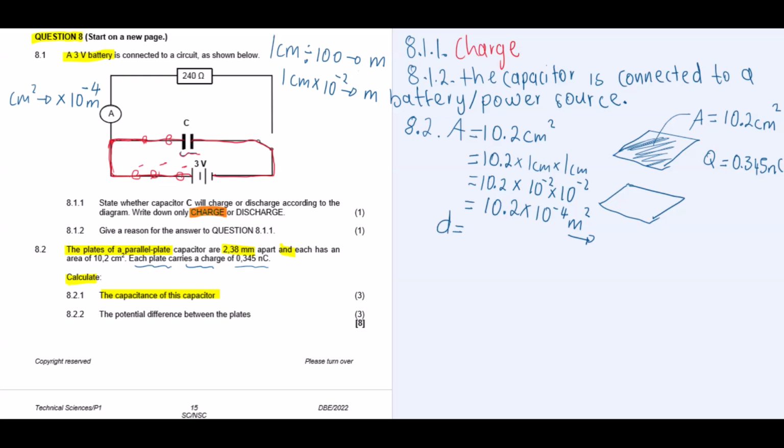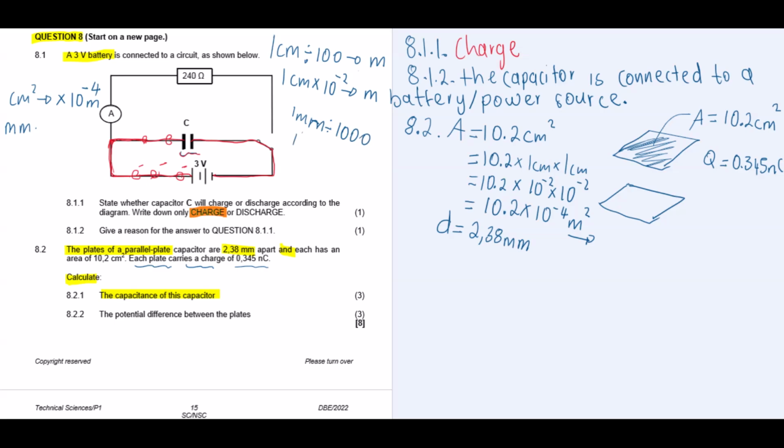And then now we have the area in meters squared. That's good. And then what do we have? We have the distance. The distance was 2.38, and it was in millimeters. So if the distance is in millimeters, just recall that for mm you divide by 1000.